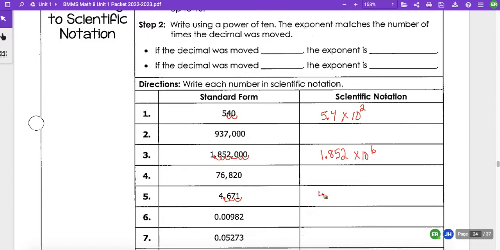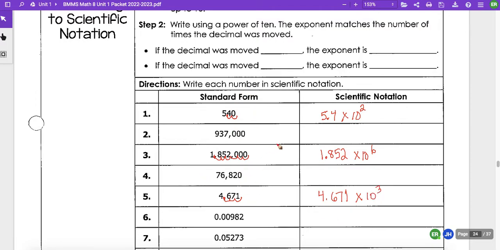And we're going to write 4.671 because I don't have any zeros to cut off here. We don't have any zeros to drop at the end, or the beginning for that matter, which we'll learn in a second. So it's times 10 to the 3rd.